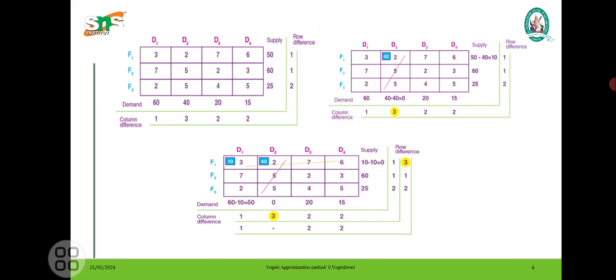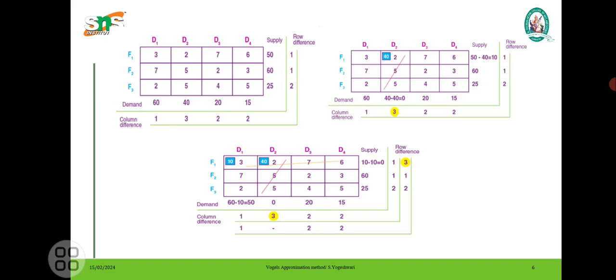So next step, we look at the row differences and choose the maximum. The first and second rows have the minimum cost, and the supplies are 50 and 60, so the minimum is 50. So we want to choose the first row, and the column where 2 is the minimum value, the D2 column.